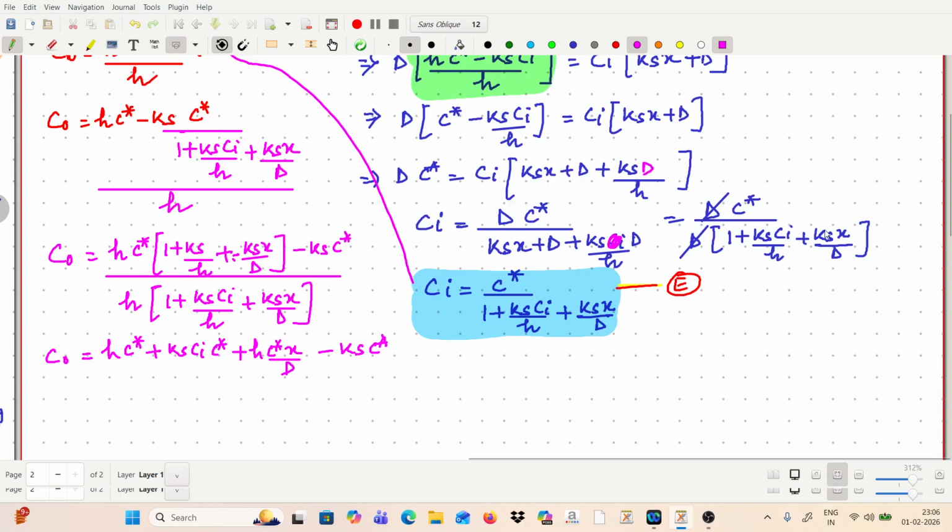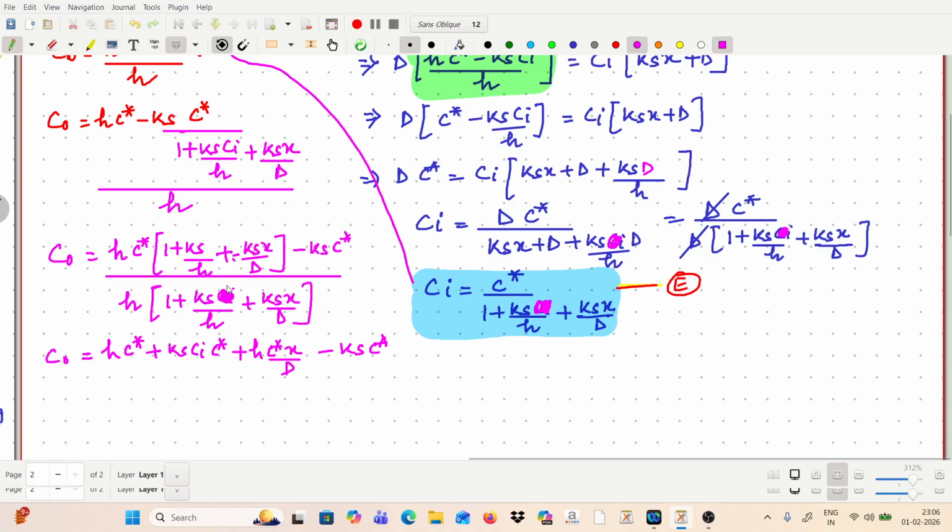There will be no CI. Sorry, there will be no CI. KS by H by KSX by D. That's why I am unable to cancel. So now this one will be no CI. Sorry for the mistake that I did.